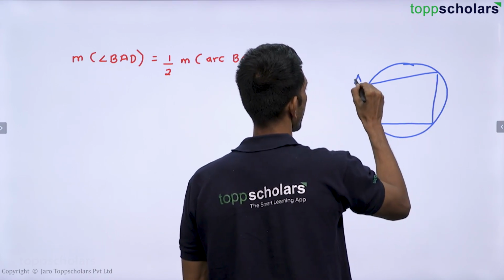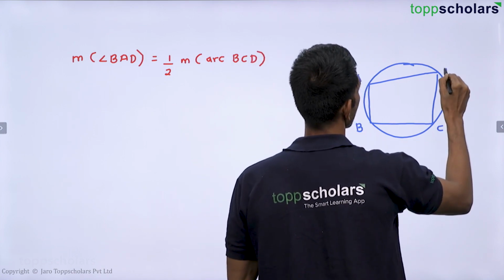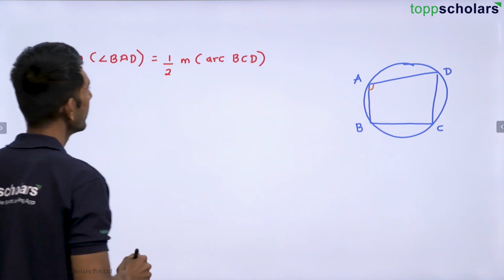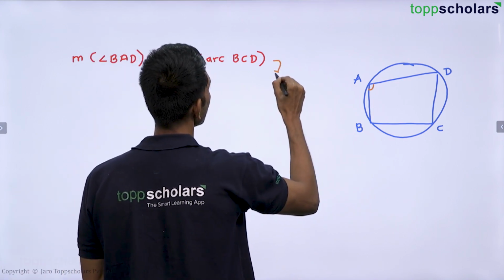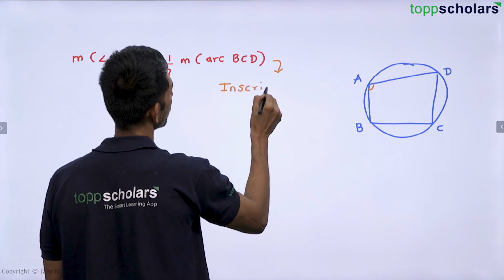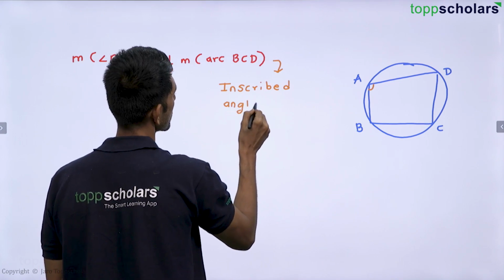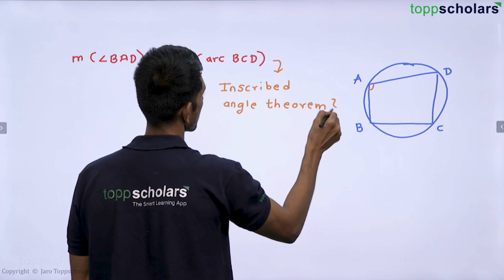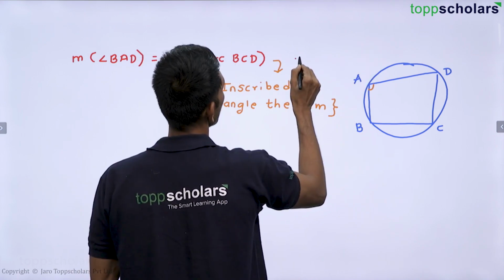So this is A, B, C, D. So this is the angle, right? So measure of angle BAD is half of measure of arc BCD. And what is the reason for this? The reason is inscribed angle theorem. You can also name this as your equation number 1.